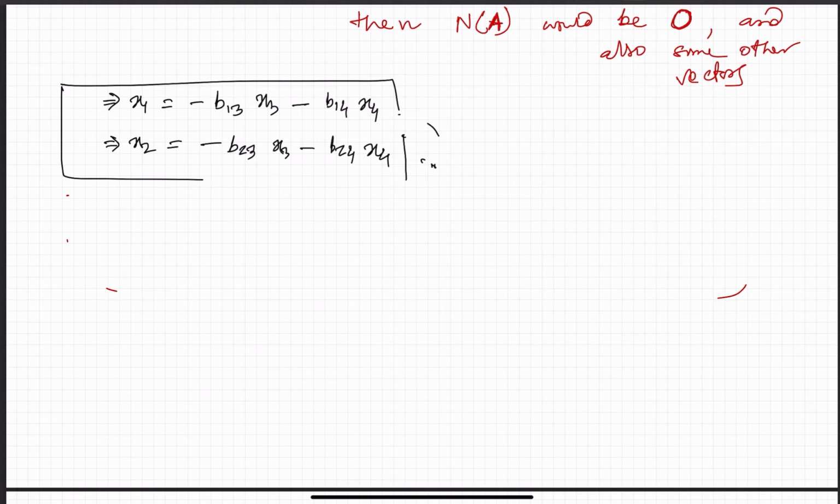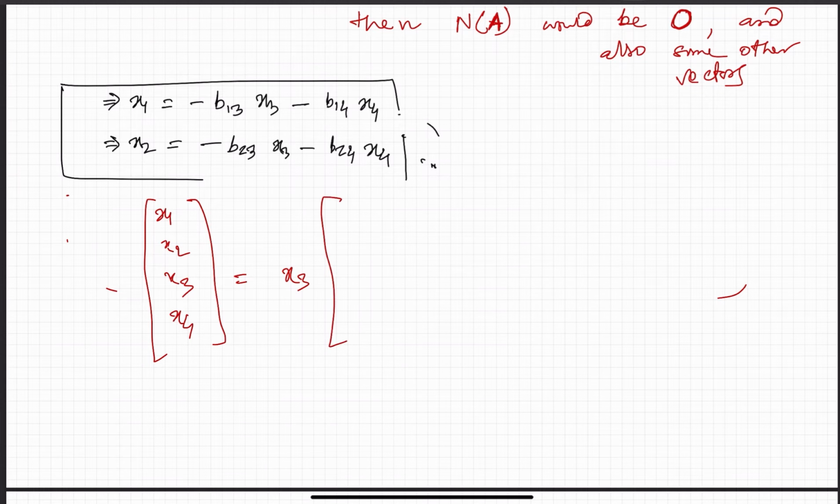we can write x1, x2, x3 and x4 in a different way. We can see that x1 has a component of x3 and x4, and the coefficients are minus b1 3 for x3 and minus b1 4 for x4, as I've written.